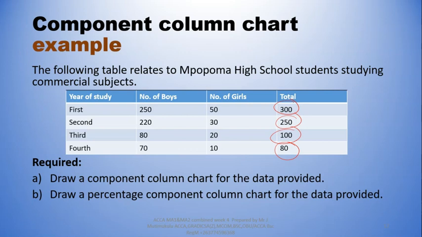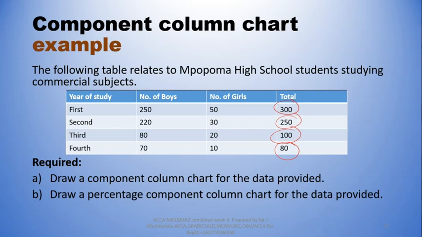But wait a minute. How do we know that this is the height of the column? Ladies and gentlemen, you need to identify what is a dependent variable and an independent variable.